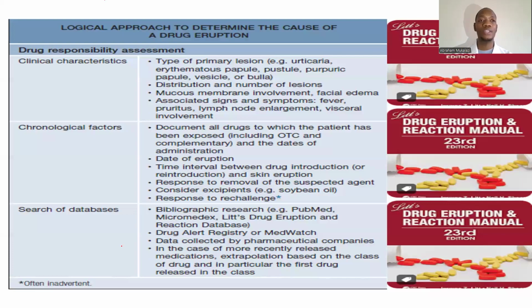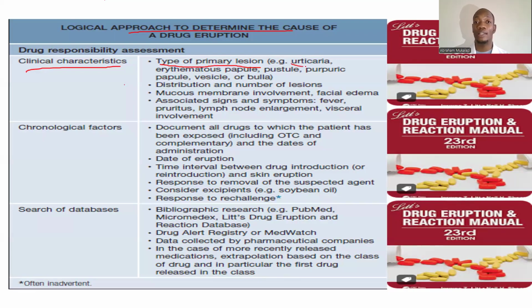So this table describes how you approach a patient if you suspect a drug reaction. First of all, you have to look at the history and the clinical characteristics of the patient. You want to examine closely the primary lesion, because the primary lesion will give you which drug reaction to expect.